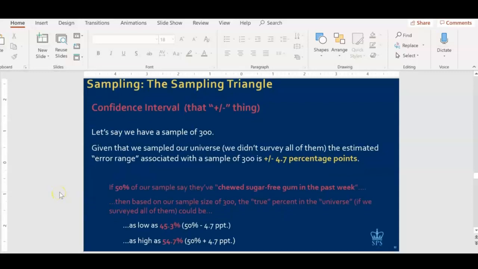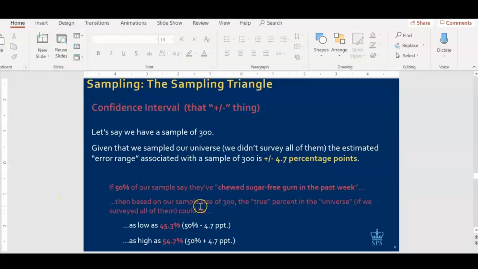So let's take an example. Say we have an ending sample size of 300 for our survey. Because we didn't sample our universe, our error range associated with that sample size is plus or minus 4.7 percentage points. So let's say we asked consumers in that study what proportion of them chewed sugar-free gum in the past week. And say 50% of them told us that they had chewed sugar-free gum in the past week.